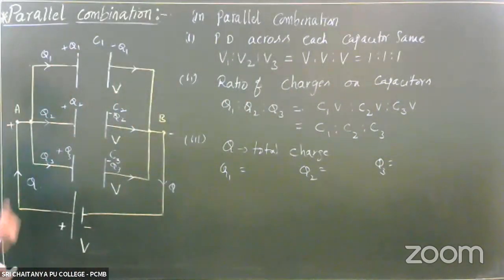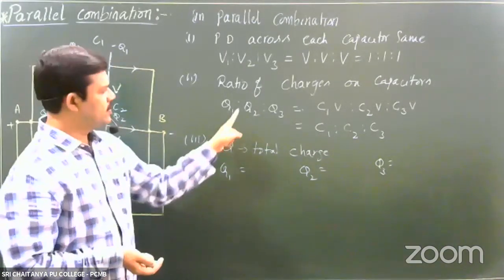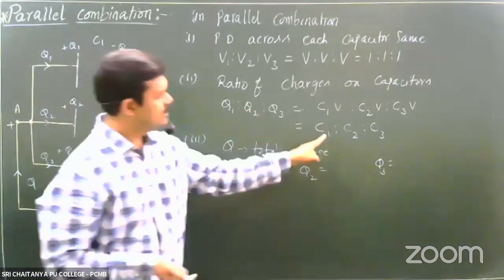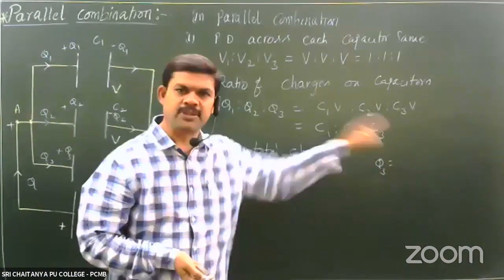Q1, Q2, Q3 means how this Q divides. See here, Q divides in the ratio of C1 is to C2 is to C3.